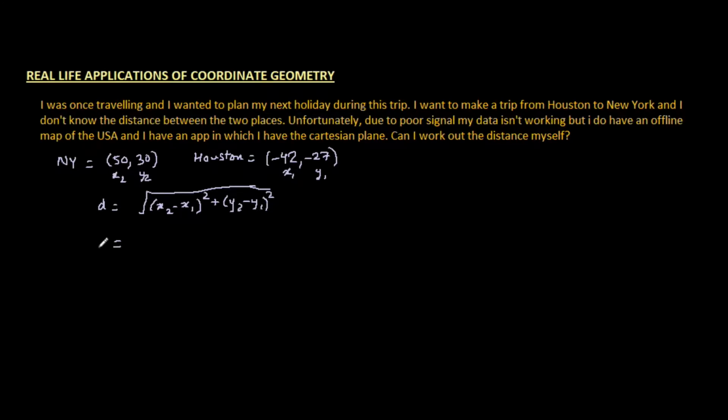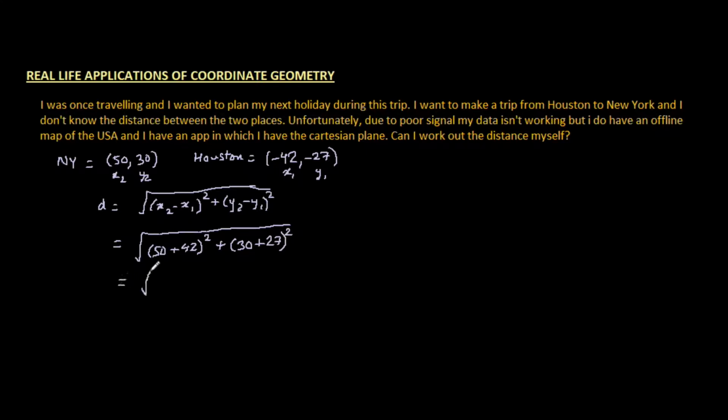So what we ultimately get is the square root of 50, which is x2, minus x1, which is 42. So 50 minus negative 42 becomes a positive. So (50 plus 42) whole square plus y2, which is 30, minus negative 27, which becomes positive again. So (30 plus 27) whole square.